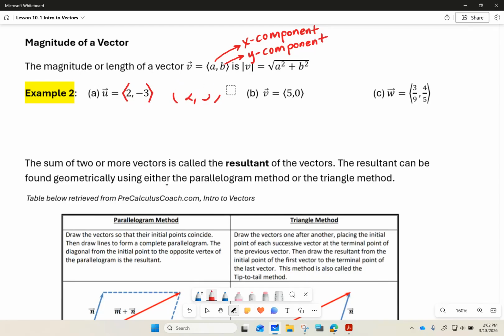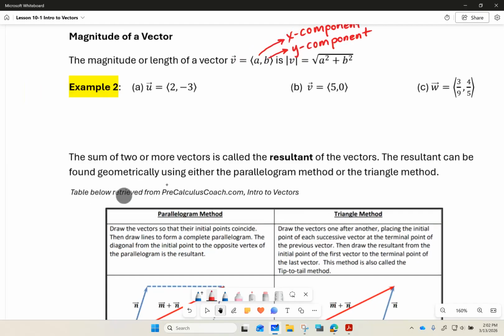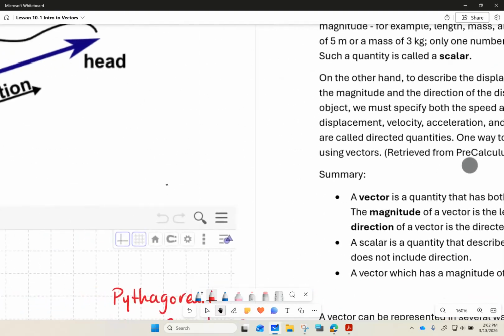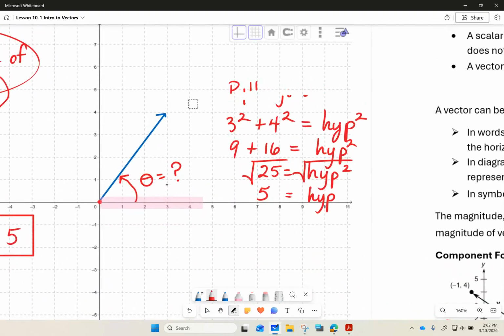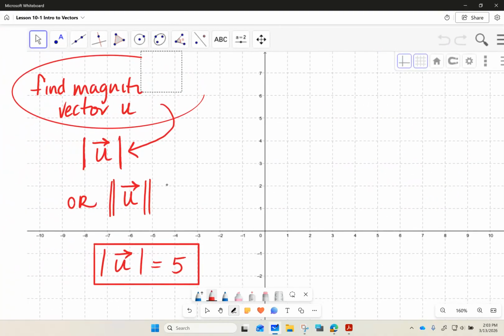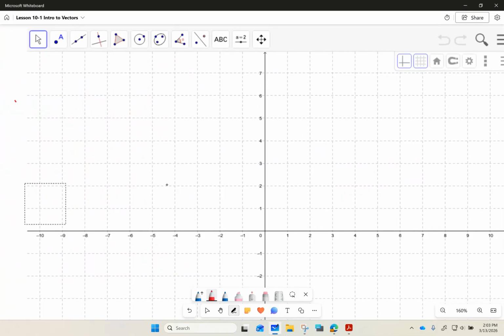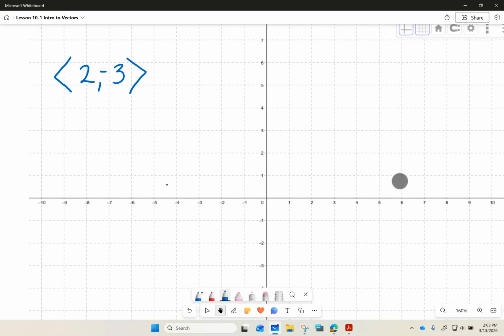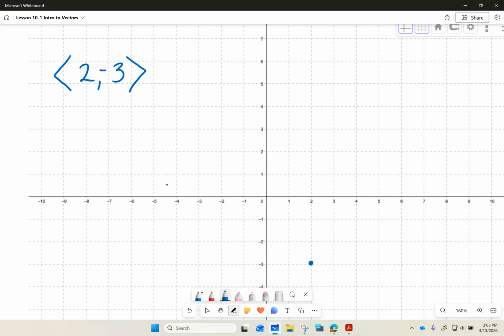What exactly does ⟨2, -3⟩ with pointed parentheses like that look like? So come on over here and let me show you what that means. Let me erase this. So ⟨2, -3⟩ in this sense means the following. Let's write it down first. If I gave you something like ⟨2, -3⟩, I'm not asking you to go to the point (2, -3) like this.